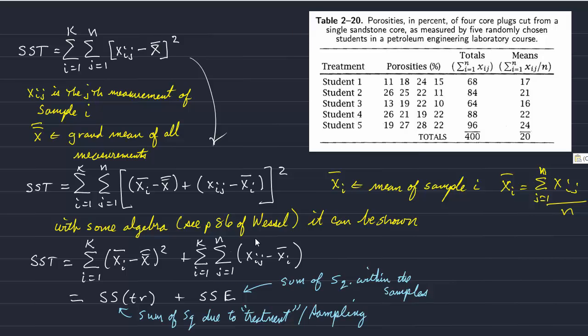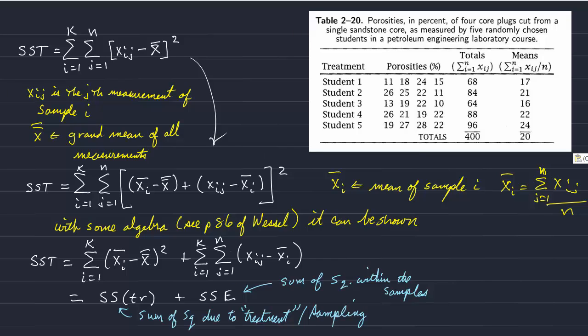And so to test that null hypothesis, again, the professor would quantify the variance of the mean porosities produced between students and compare that to the variance of the porosities among the 4 plugs, to see whether the students were all performing adequately well, or to see if one or more students was producing different porosity estimates than the other students.